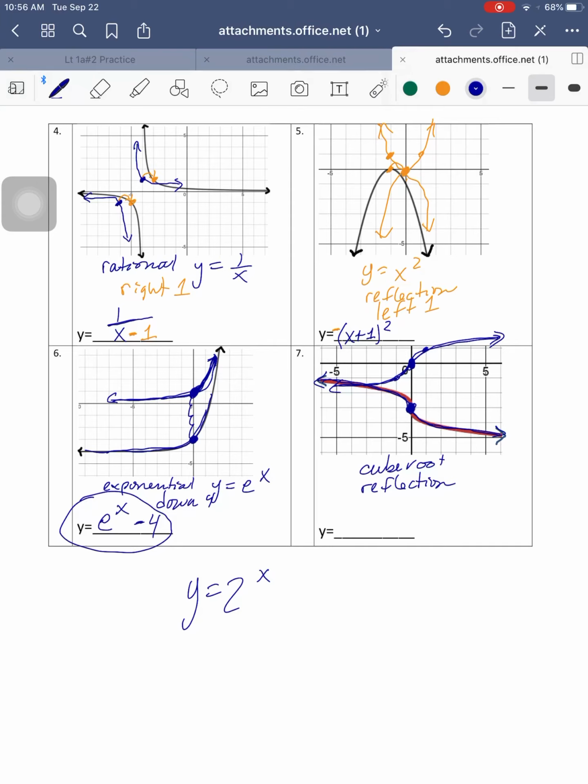Try not to have a point, but this one does, number 7. So that's not always the key coordinate, so don't key in on that. Look where this graph goes really vertical, where the slope changes. So we're going to go down 1, 2, 3. So we got a reflection and down 3. So it's a cube root function.